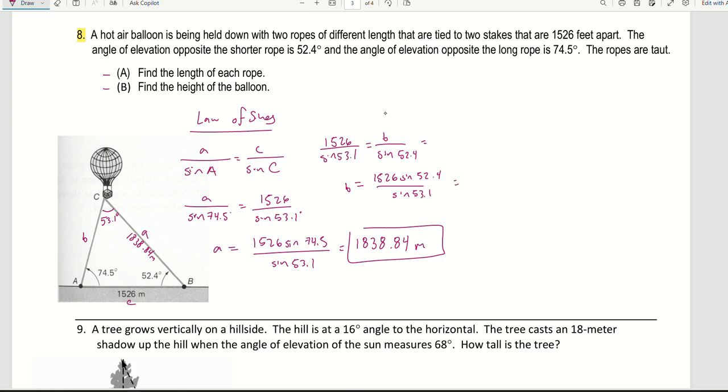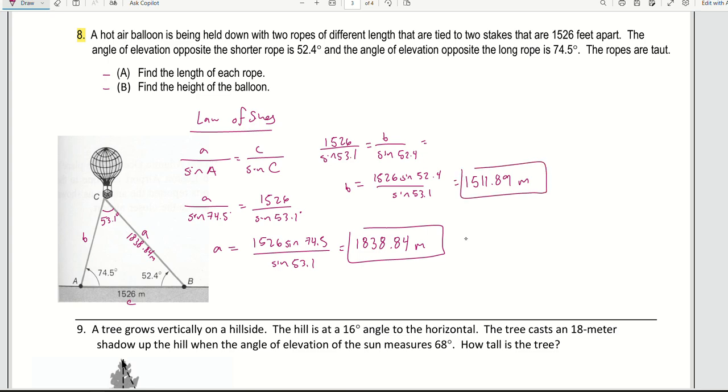And we get 1511.89 meters. That's little a, that's little b. All right, so check. We found the length of each rope.